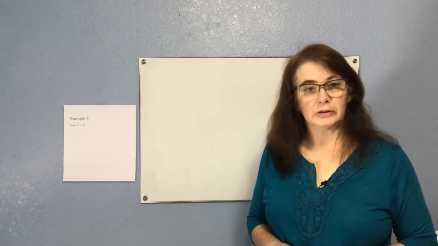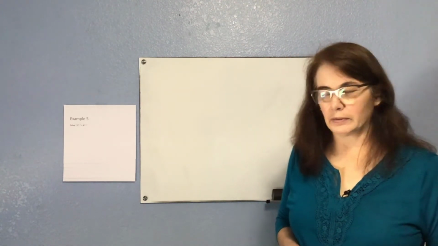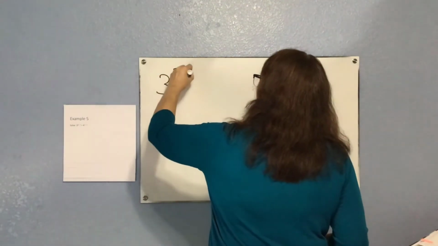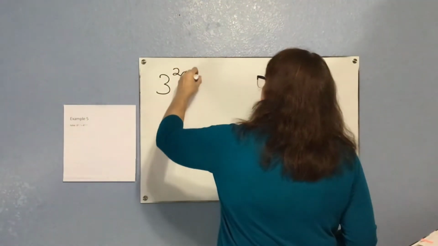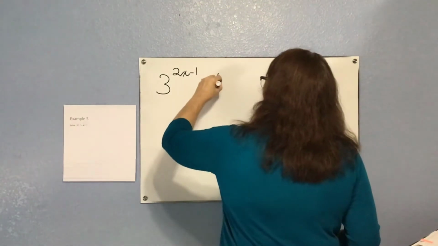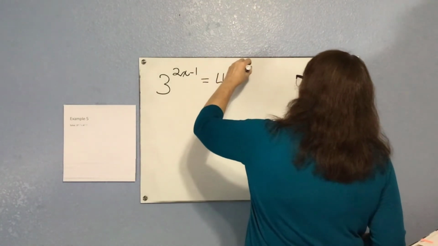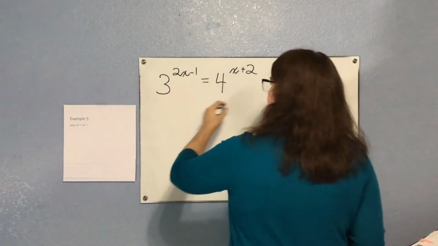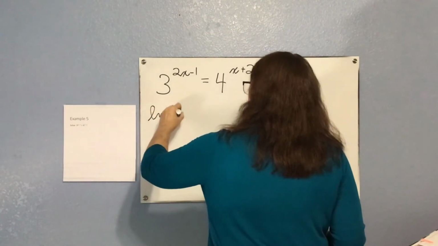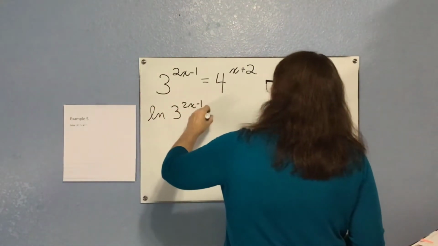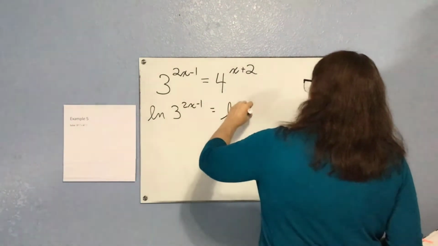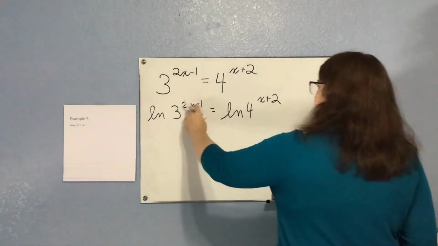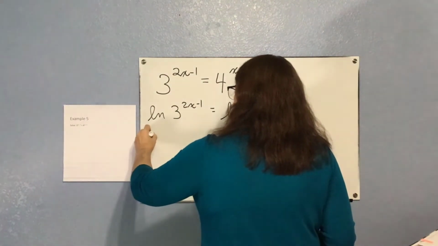In this example, we'll use the power property again to solve the equation. This time I have 3 to the 2x minus 1 is equal to 4 to the x plus 2. I'm going to start by taking the natural log of both sides. Okay, then I move the exponents out front.